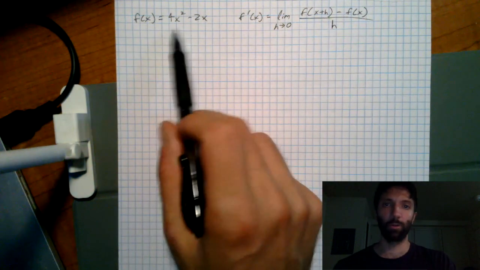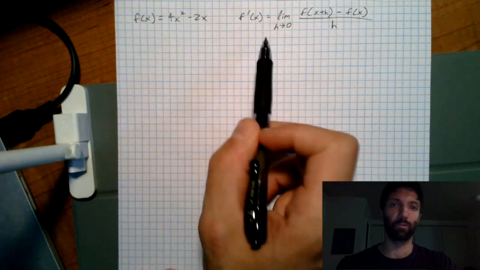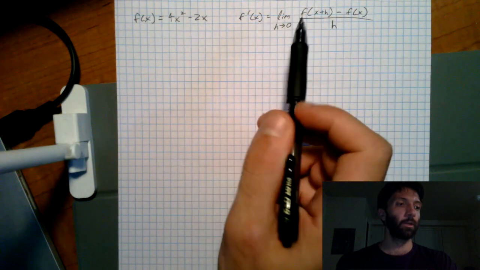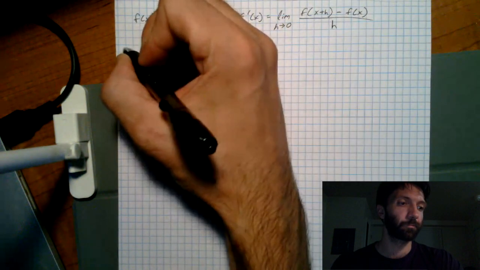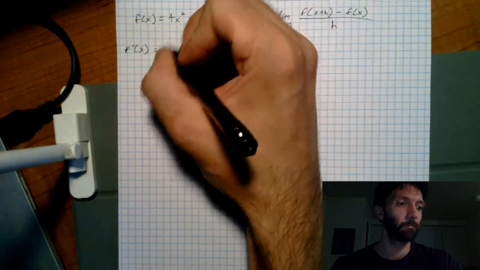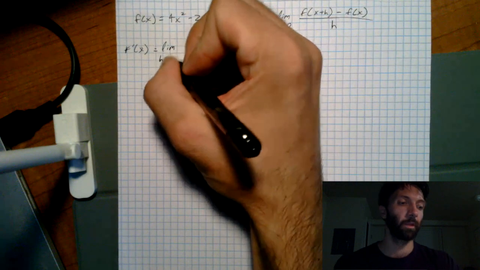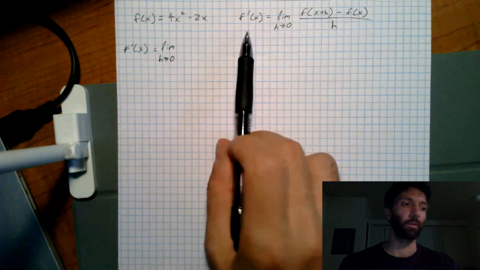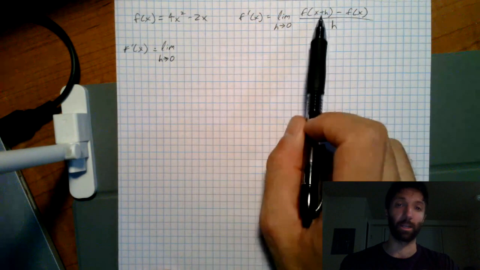So it's still just a polynomial function, and I still have the formal definition of the derivative up here. So I'm going to start this the same exact way. And I know that f prime of x is going to be this function evaluated at x plus h.